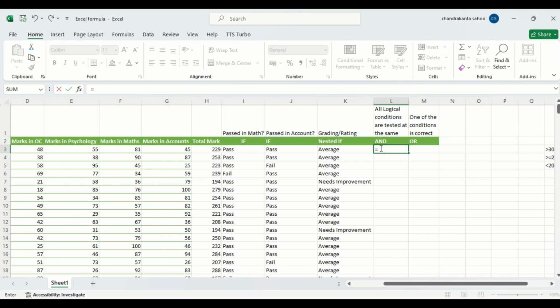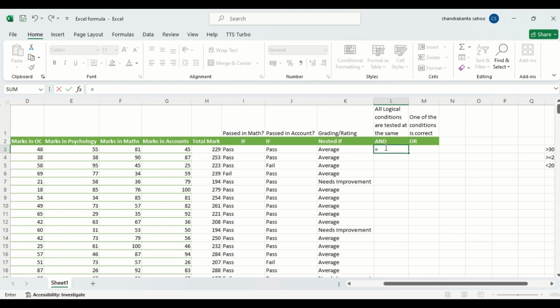Suppose we check whether the candidate has scored more than or equal to 50 marks in OC, psychology, math and accounts; then the student is found to be outstanding, and it will write true here. In case of OR conditions, if one of the scores is 50, it will be found to be true.